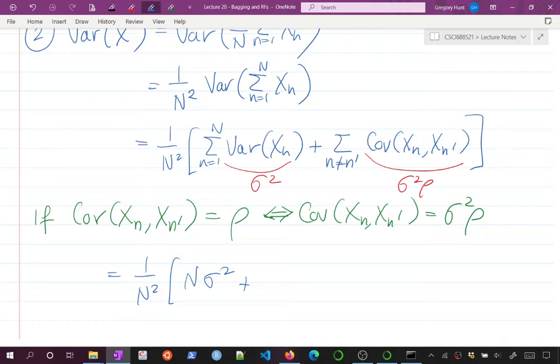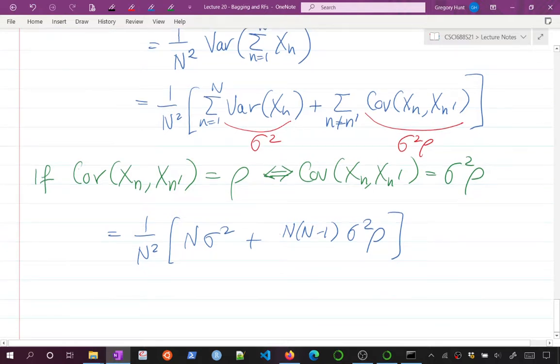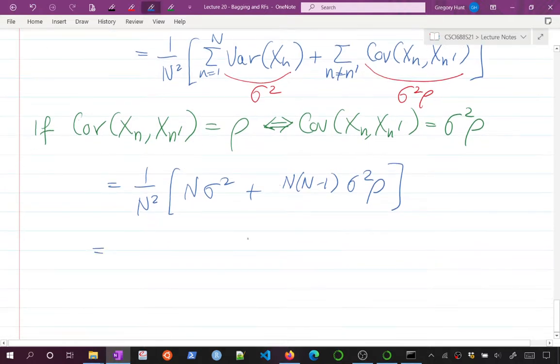I suppose it should be n times n minus 1 sigma squared rho, right? How many pairs are there going to be? N ways to choose the first one and n minus 1 to choose the second one, right? So that's how many things will be in the second sum. Each of the things in the sum are sigma squared rho. So this is what I'll get, and I'll get at the end of the day sigma squared over n plus n minus 1 sigma squared times rho.